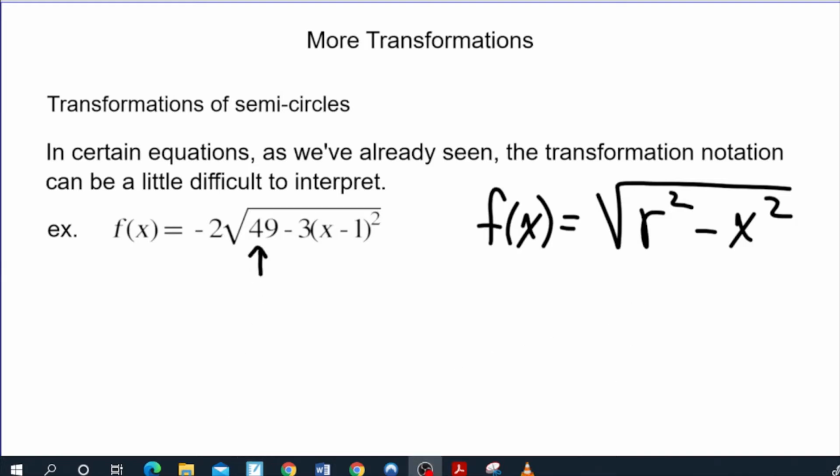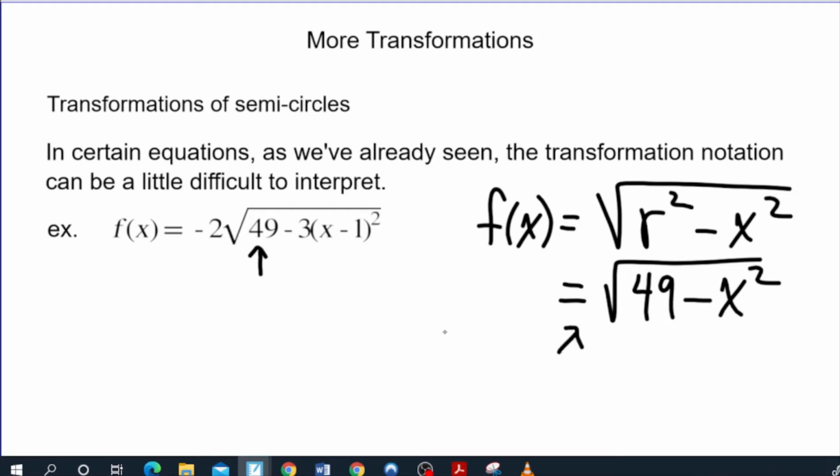So really the equation should look like this, where the radius squared is 49. If you're comparing the parent function here to the transformation equation here, the first thing I want you to notice is that the 49 is actually not one of the transformations.